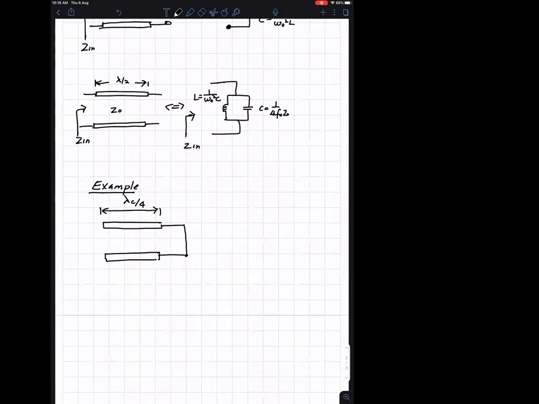You have a quarter wavelength transmission line, shorted at the end, with the characteristic impedance Z0 of 50 ohms.